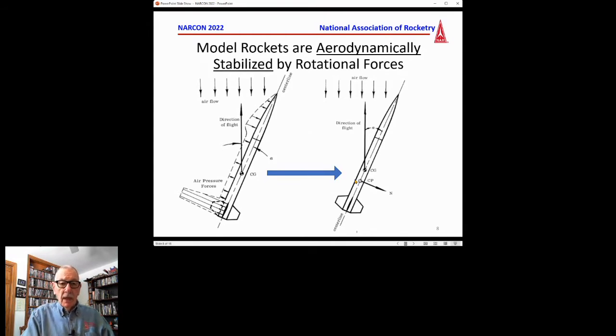Those forces, although they're distributed, as you see on the left, they tend to act through the center of pressure. And that's why we talk about the center of pressure, because that, as with mass being equally distributed around the center of gravity, the aerodynamic forces are equally distributed around the center of pressure. And so those two key points on a rocket's center line are what we are concerned about as we look at stability of a rocket.